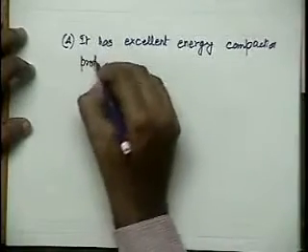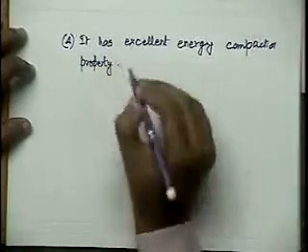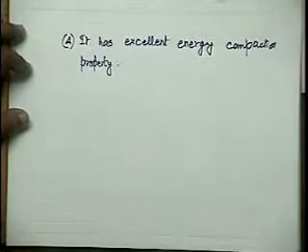That means to say that in the transform domain, the energy is contributed by only a few samples. So it has an excellent energy compaction property. So this can be used very effectively in data compression, image data compression applications. The other things are quite similar to the FFT, so I am not going into further details of this.